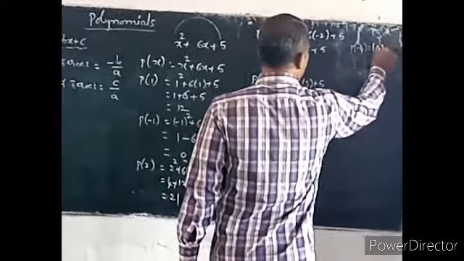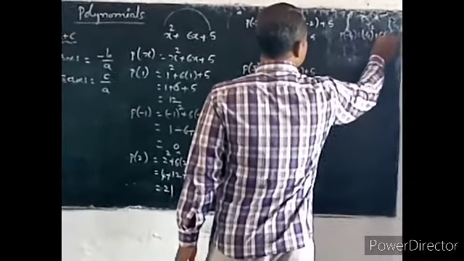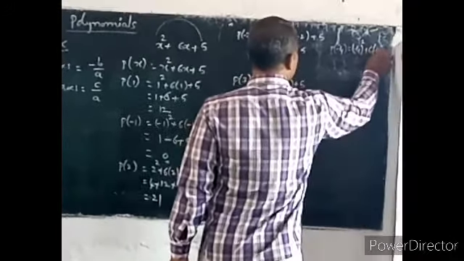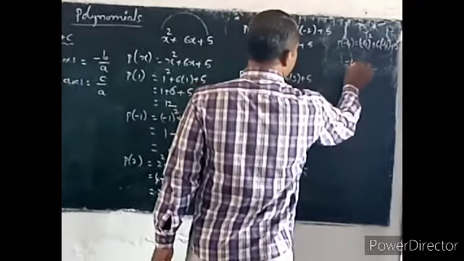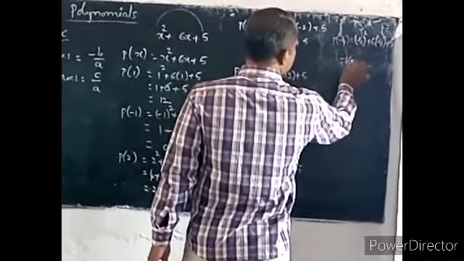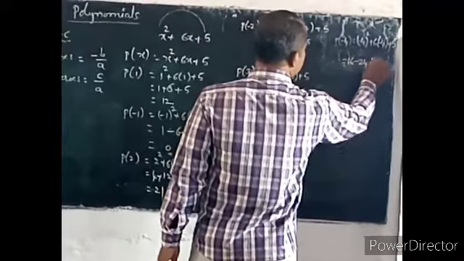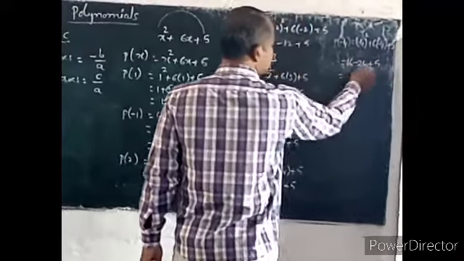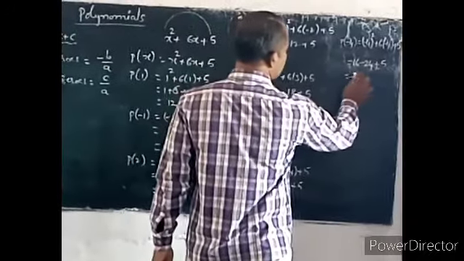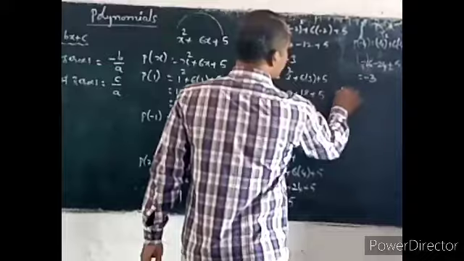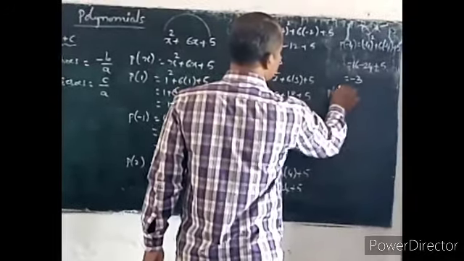Minus 4 whole square plus 6 into minus 4 plus 5. Minus 4 square is 16, 6 into minus 4 is minus 24, plus 5. 16 plus 5 is 21, 21 minus 24 is minus 3.